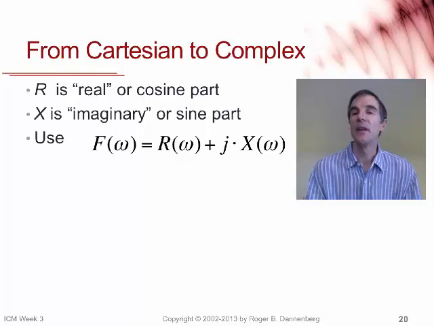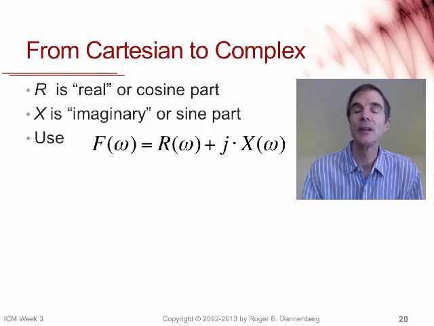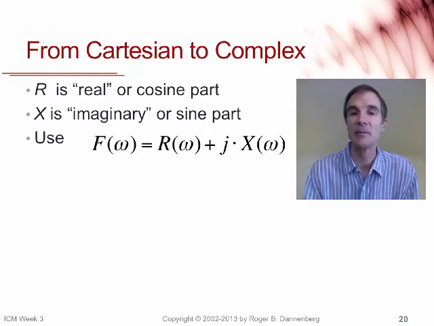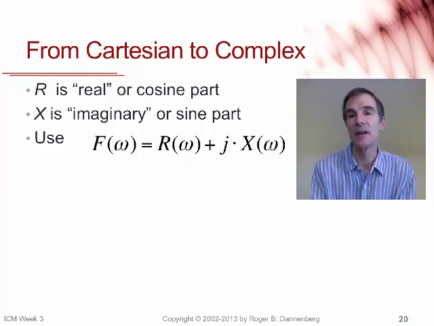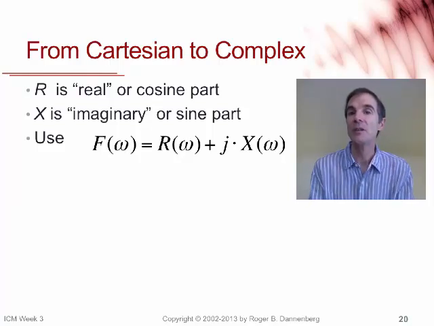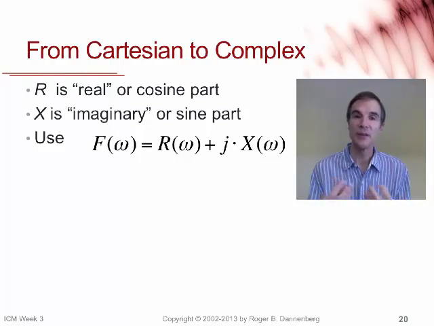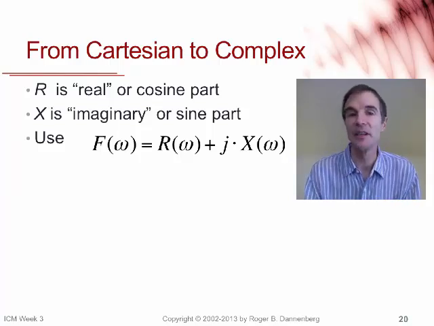All right, another thing that is commonly done is rather than dealing with two functions, the real part and the imaginary part, we can just add them together as a real and imaginary number to form a complex number. So a complex number is just a pair of reals where one represents the real number axis, one represents the imaginary number axis.